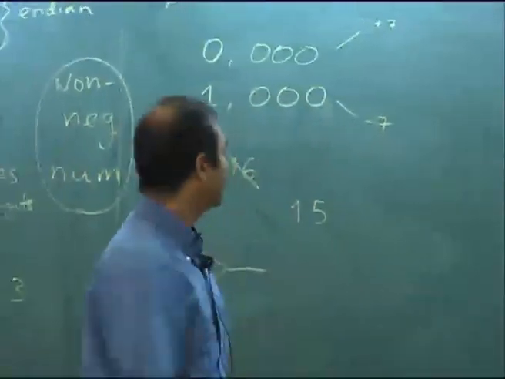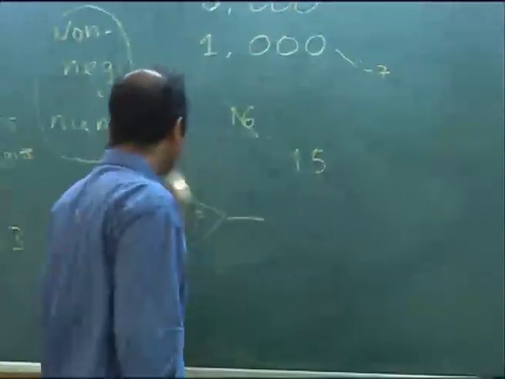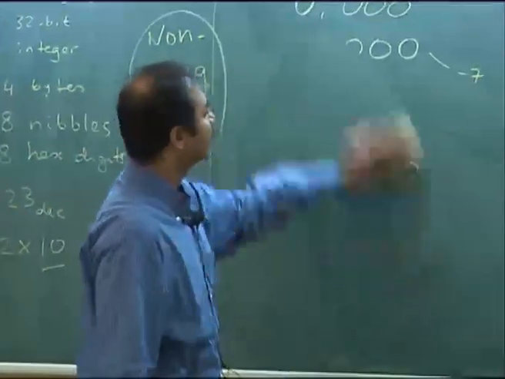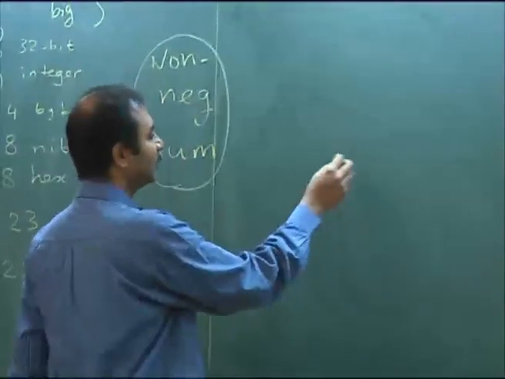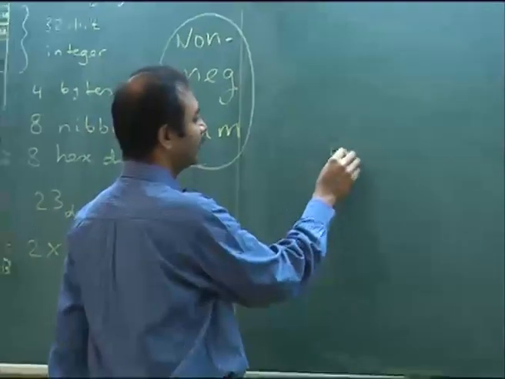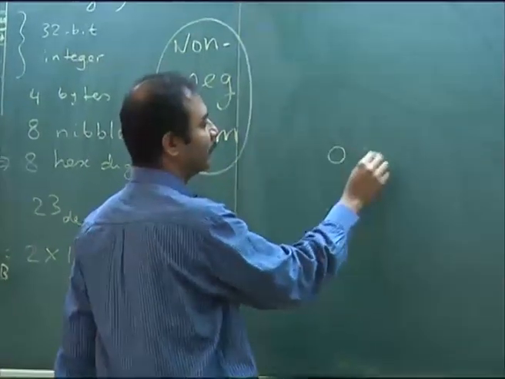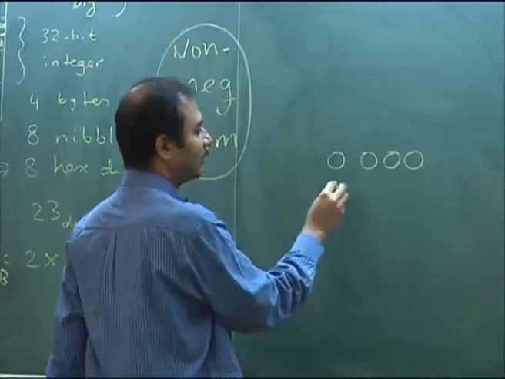Okay. So we say that as long as the first bit is 0, that constitutes my set of positive numbers. Although it's a little tedious, I'll write down the whole set because it'll be easier to look at in future. So I start at 0.